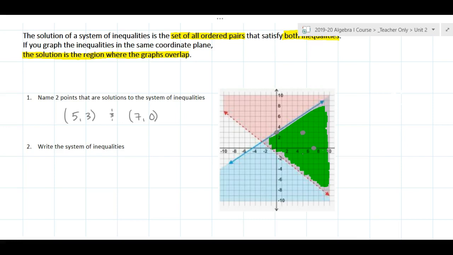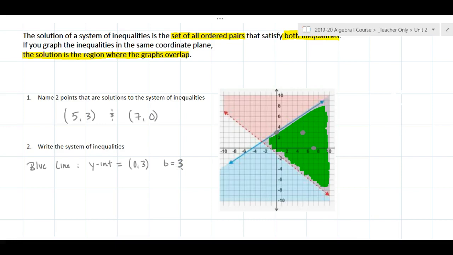Write the system of inequalities. Well, let's do the blue line first. The y-intercept, which I just marked, is over 0, up 3. So in our y equals mx plus b form of a line, b equals 3.